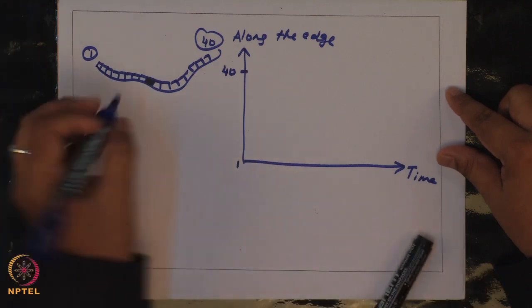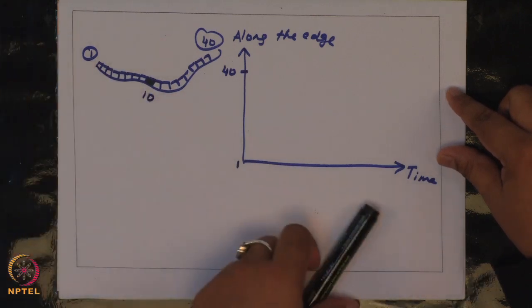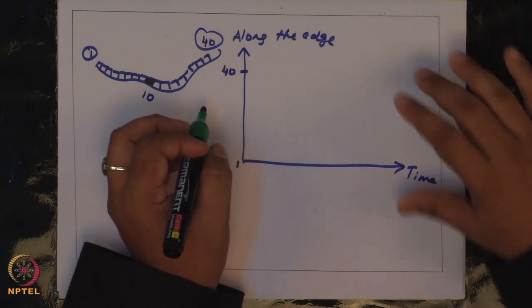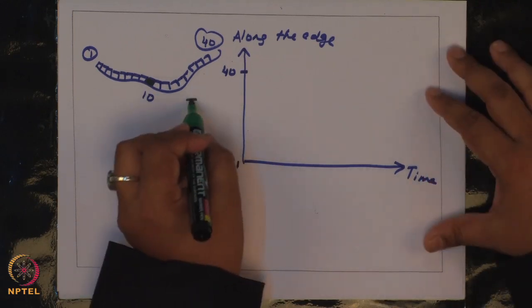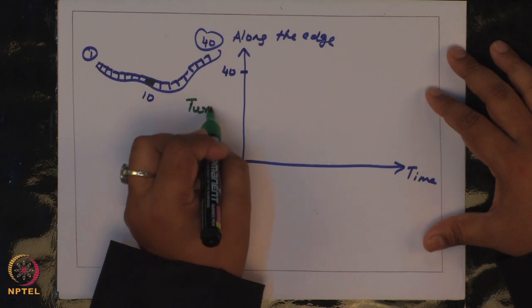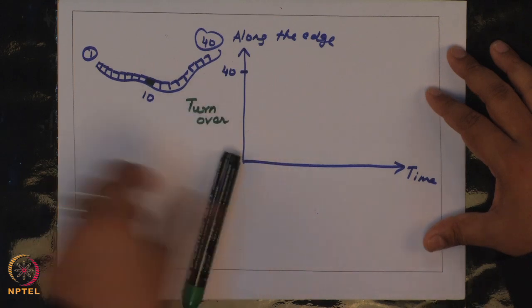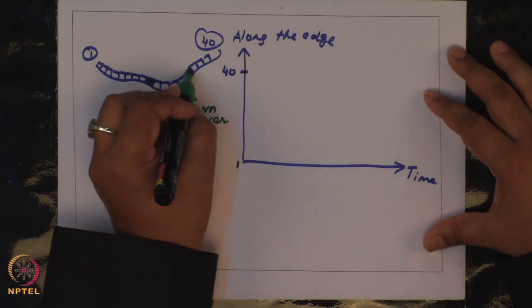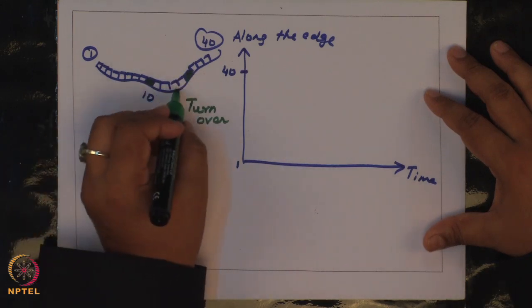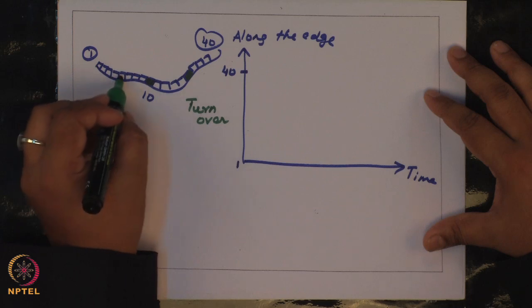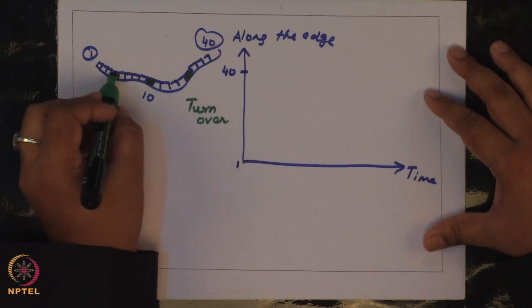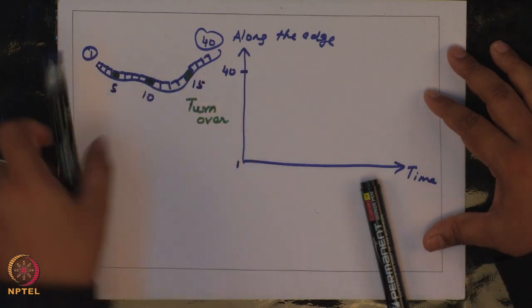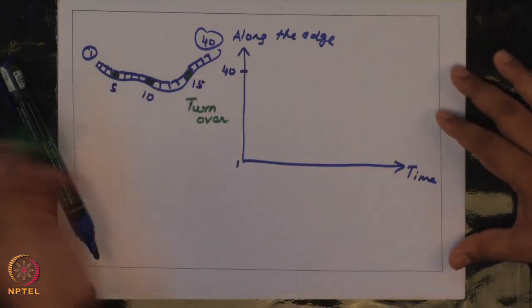If you are plotting the network turnover, let us assume at positions 5, 10 and 15 you have polymerization events.